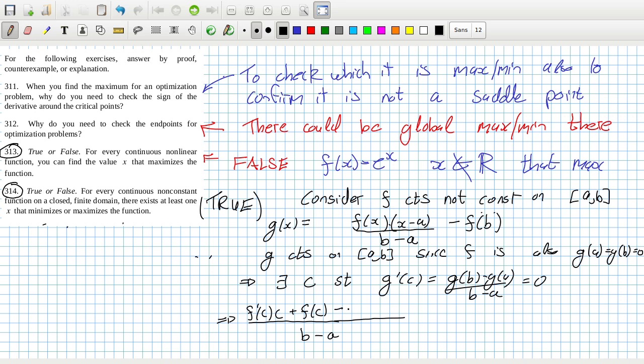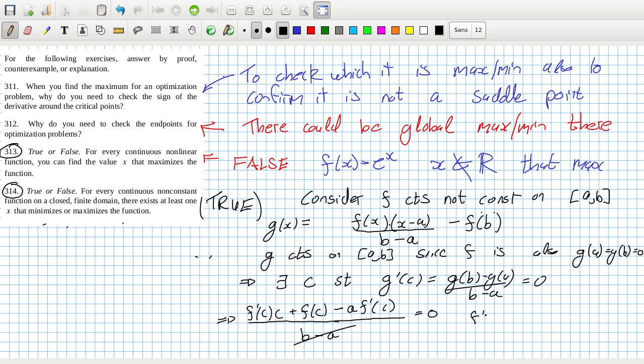Minus a f'(c) equals 0. So that's gone. So can I get this to say that f' has to be 0? Maybe this isn't going to work.